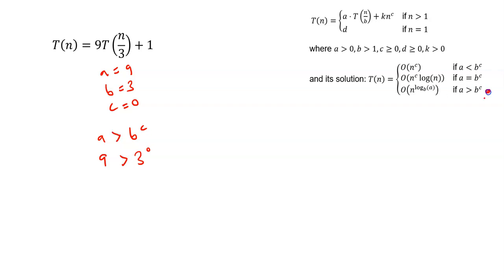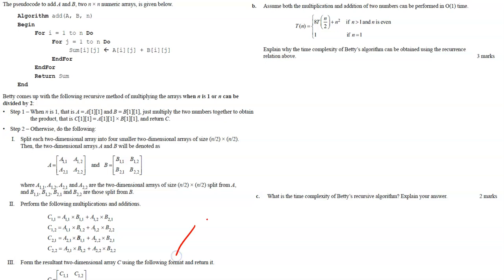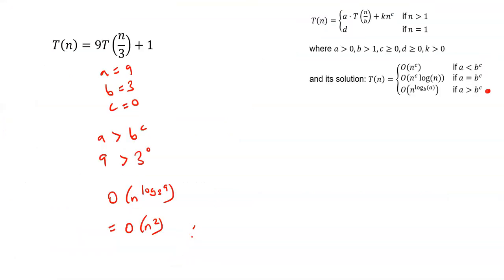We are doing that third case again, so we have big O of n to the log base 3 of 9, which is big O of n squared. There we are.